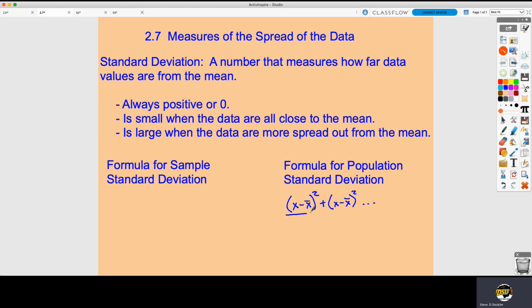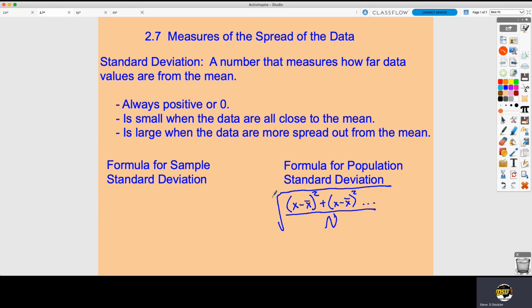Okay, then after we do that, we divide by how many numbers we have, and we take the square root. All right, that's the equation that you guys have done before.